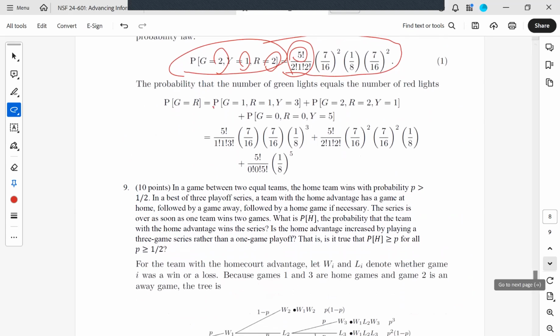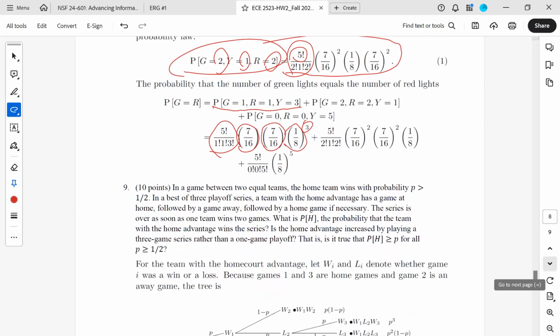If we have one green, one red, three yellow, same concept as we talked about in the first part. It's going to be n factorial, 5 factorial, over k1, k2, k3 factorials. Do you see that? And we have one green, one red, three yellow as the probability.